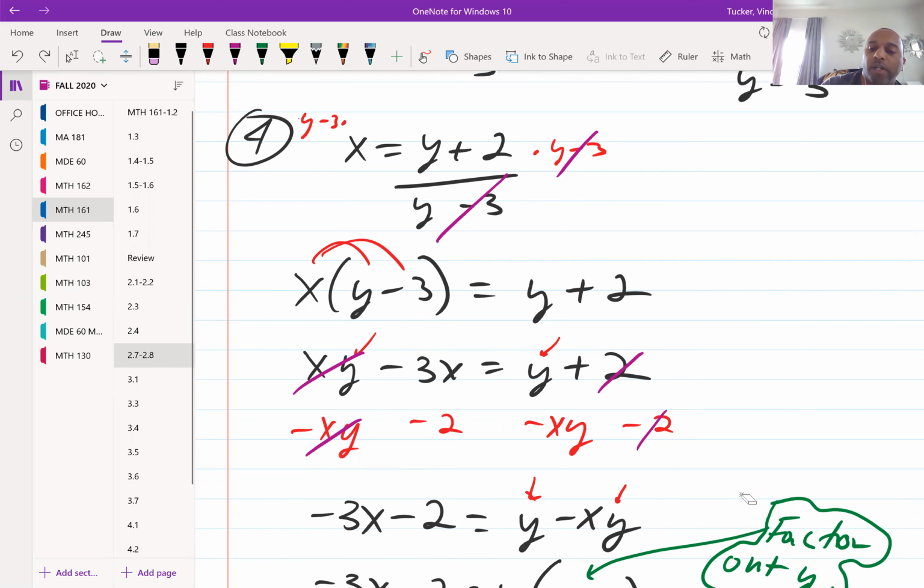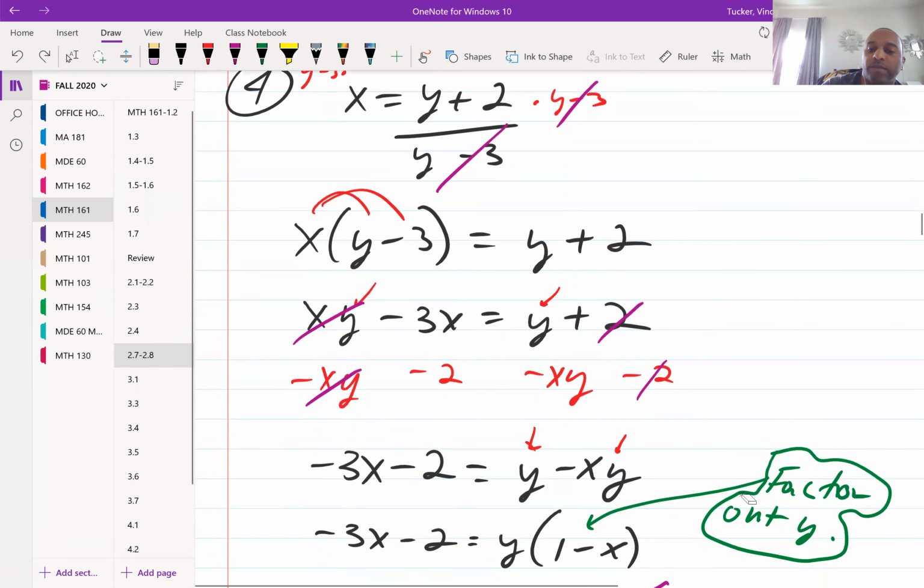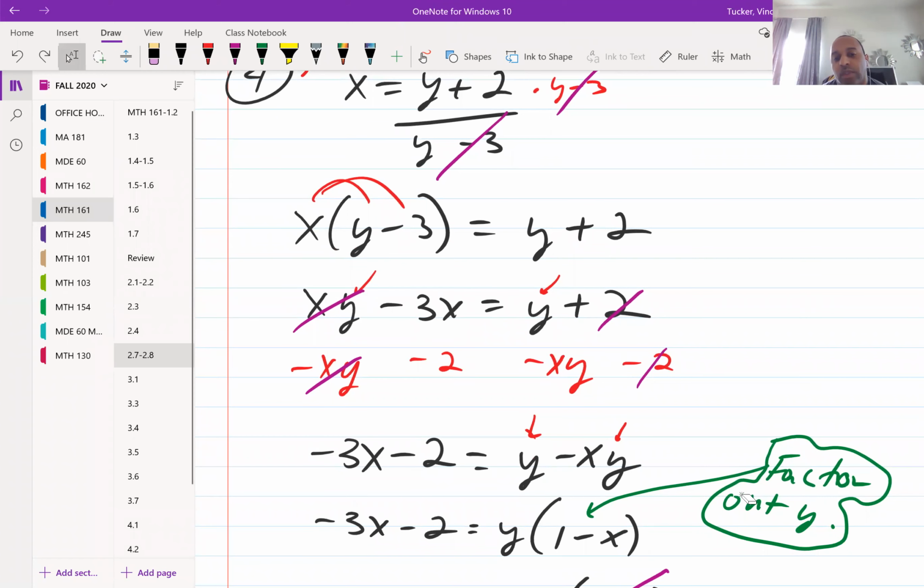The reason we do that is so that we can factor out y. So I'll pull y out of each term. That's y times 1 minus x.